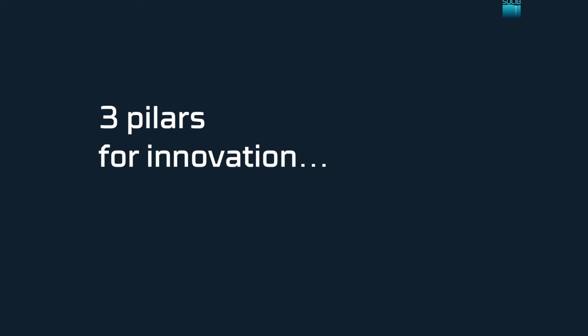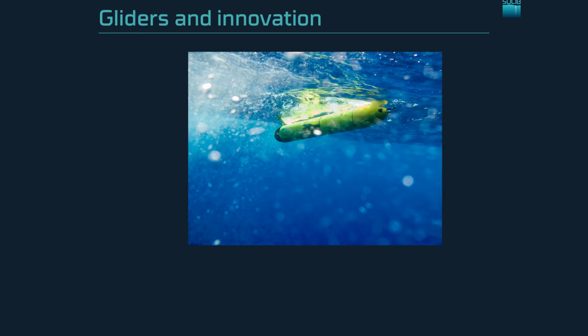I think it's an important tool in terms of innovation and interaction with companies. So gliders are quite recent in terms of oceanographic measurement, and they combine the three pillars defined in Horizon 2020. The first one is industrial leadership.